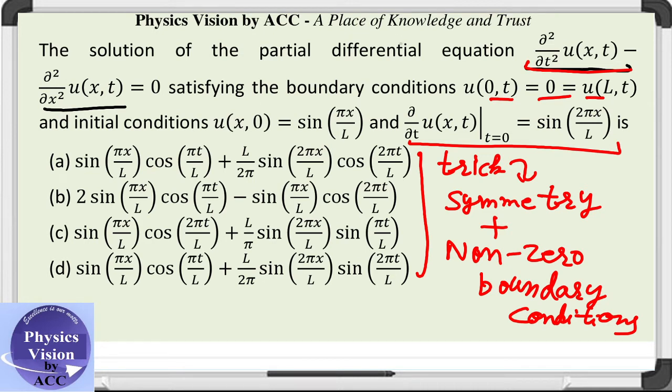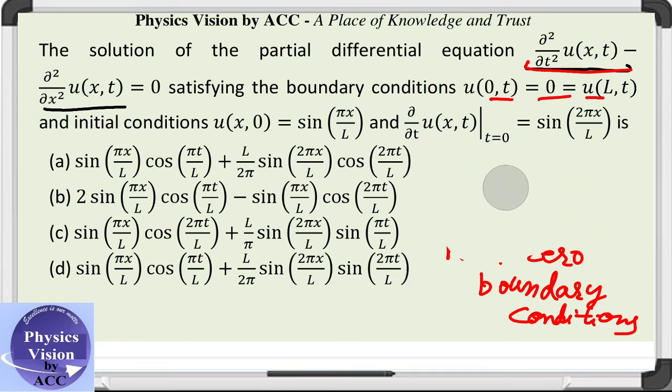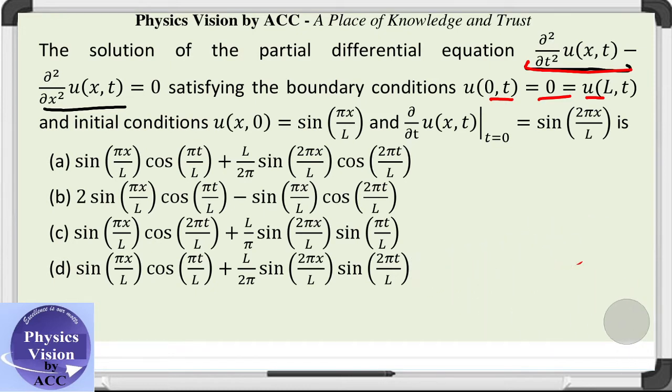So let's try to understand it in a simple manner and do it immediately. We'll first check the boundary condition, let's say this. At t equal to 0, we have the value of u as sin pi x by L. Now check the condition with the first option. At t equal to 0, this factor is gone, because this is 1.